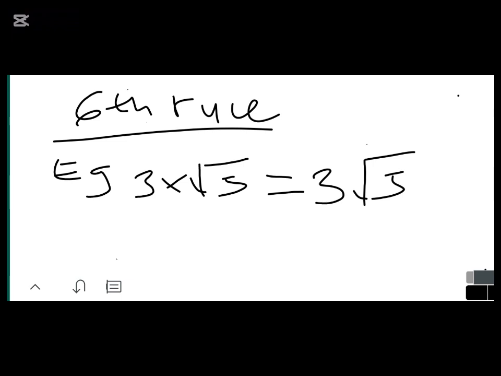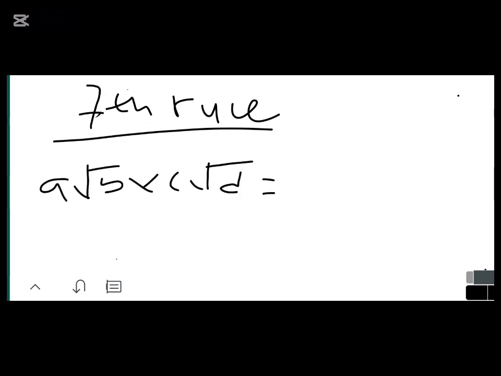Let's take the seventh rule. When you have a square root of b multiplying c square root of d, this can be written by bringing what's outside the square root together, which is ac, then what's inside the square roots together, square root of b multiplying d. So a square root of b multiplying c square root of d can be written as ac square root of bd.